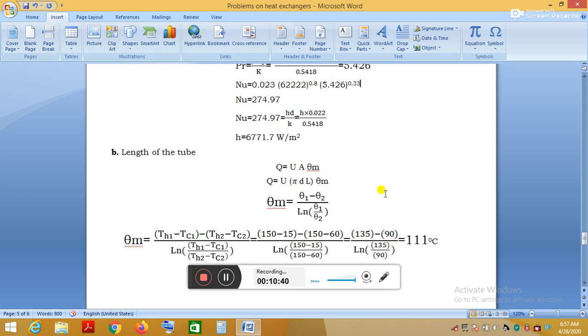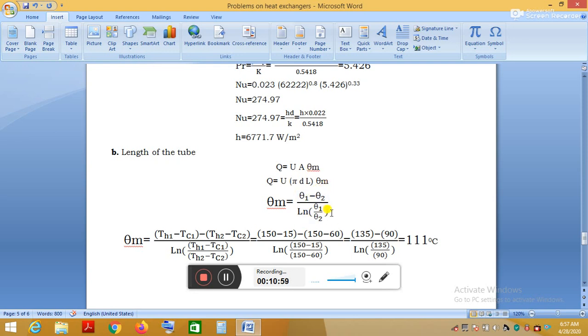From the LMTD method, we have the equation Q equals U into A into theta m, where U is the overall heat transfer coefficient, A is the surface area through which the heat transfer takes place, which is given by pi d L, and theta m is nothing but LMTD.